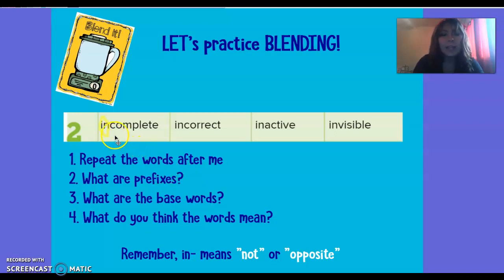Yes, incomplete means not complete. Incorrect means not correct. Inactive means not active. And invisible means not visible. Good job. Let's move on to line 3.